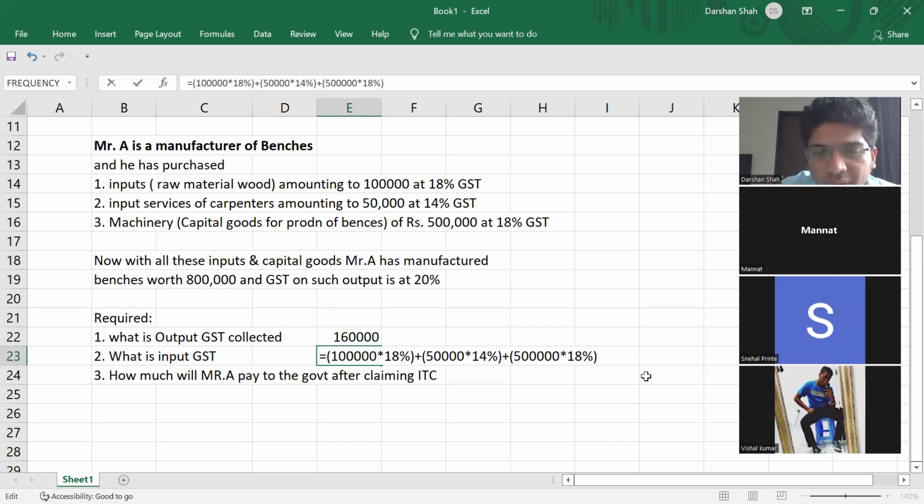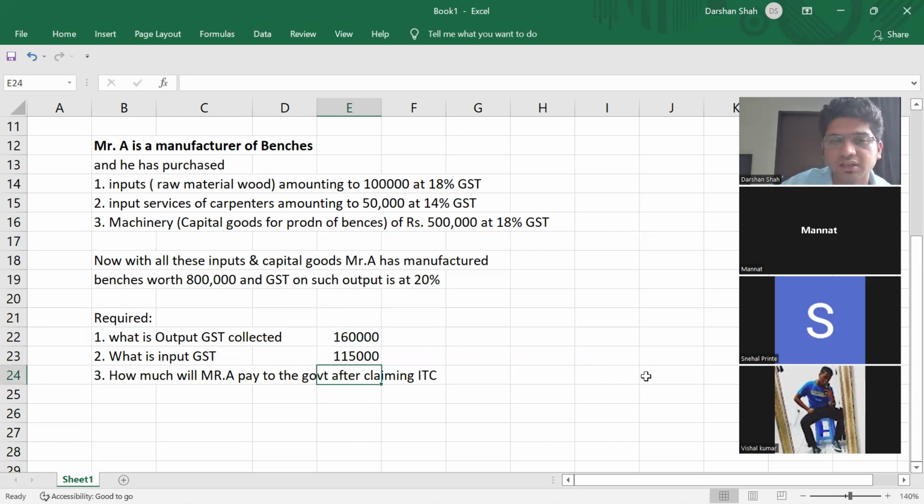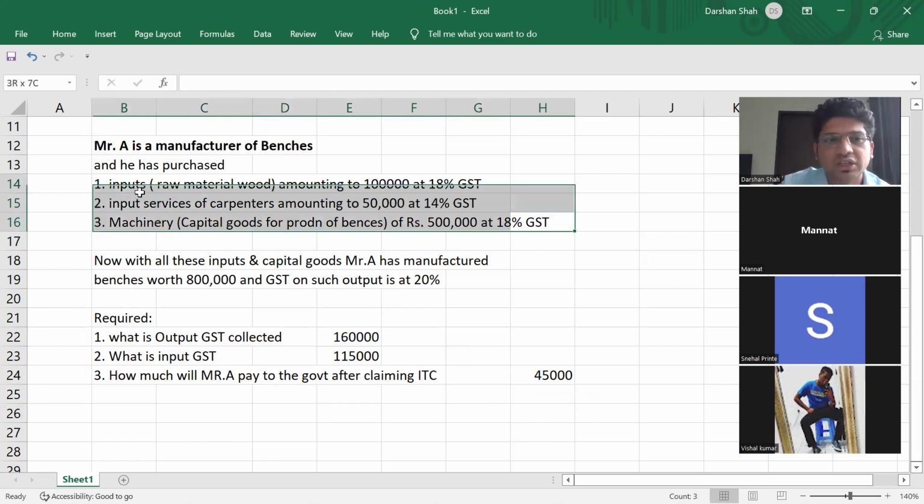So these three will be my input GST, right? And I'll finally pay to the government only 45,000. I've collected 1,60,000, but I'll get the entire GST that I have been paying on inputs, input services, as well as on capital goods.